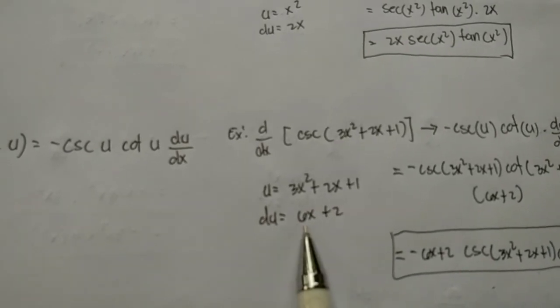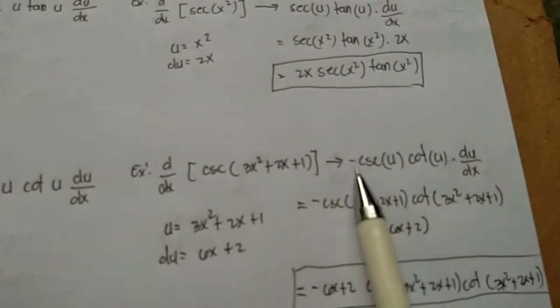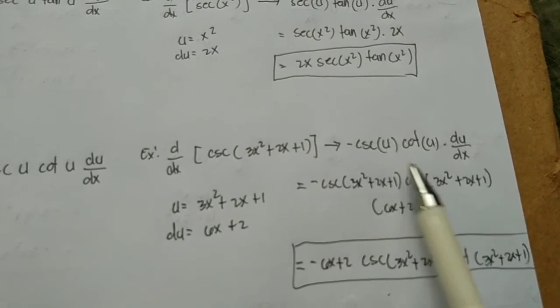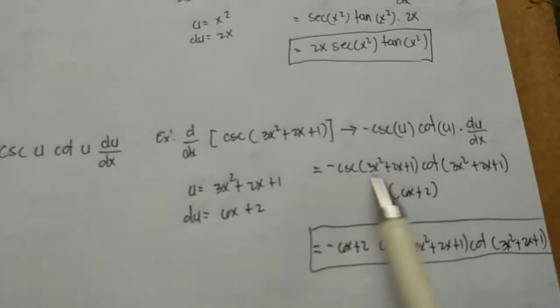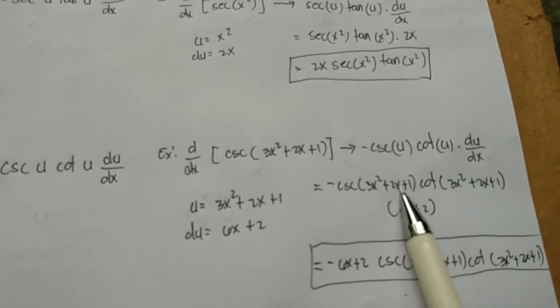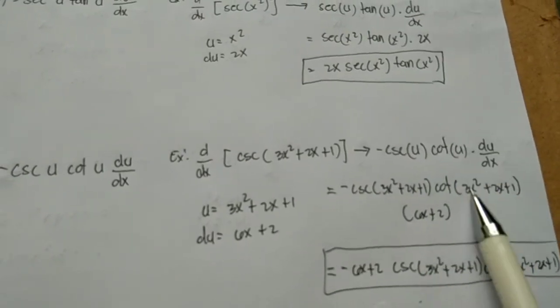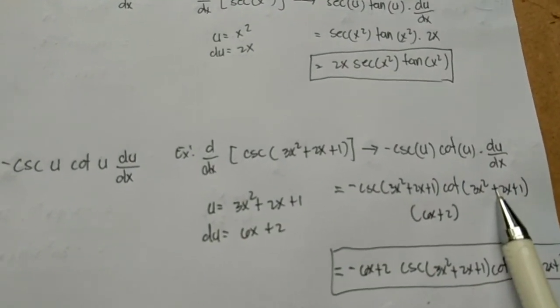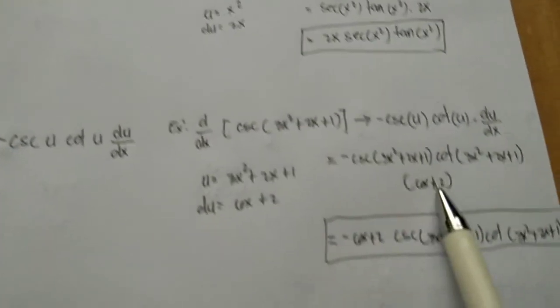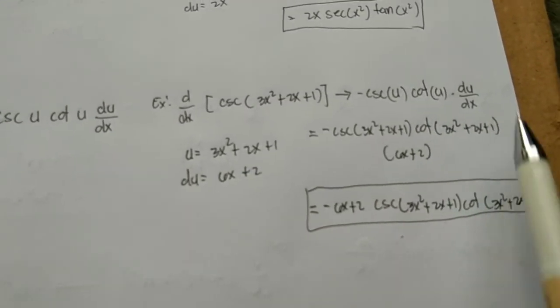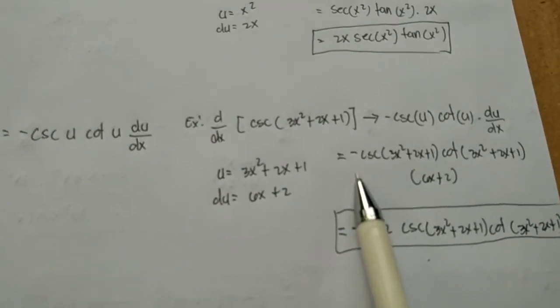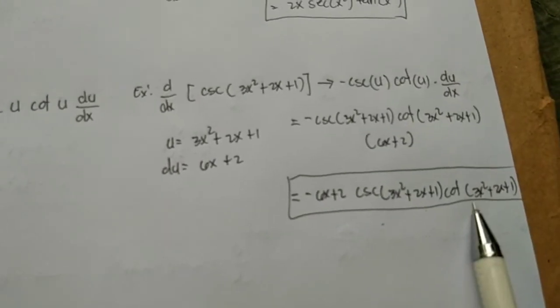The derivative of that is 6x plus 2. So use the formula: negative cosecant u, your u, cotangent u, this is u, times the derivative of your u, which is 6x plus 2. So we transpose the negative sign. So this is our final answer.